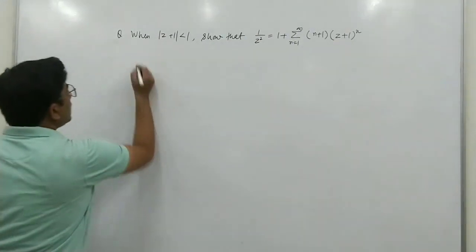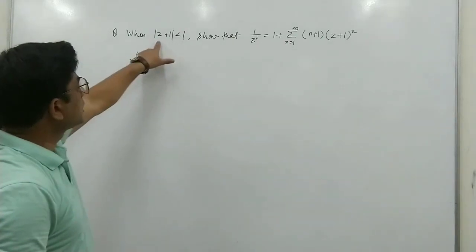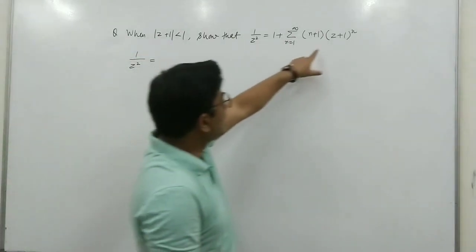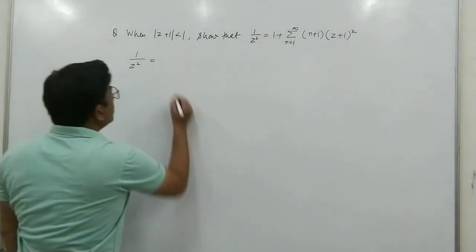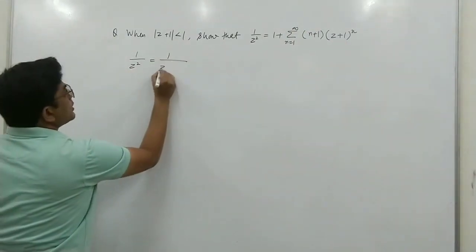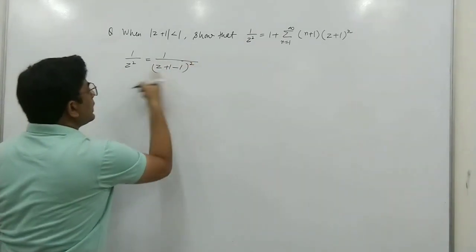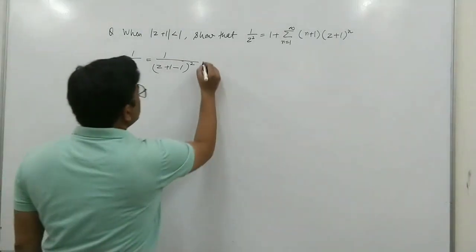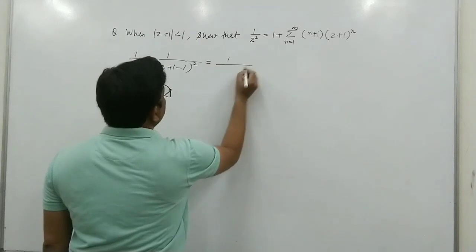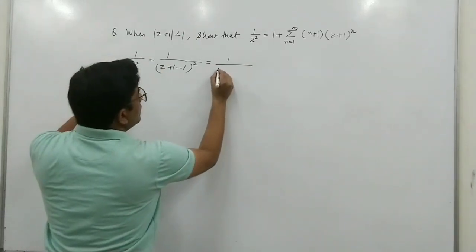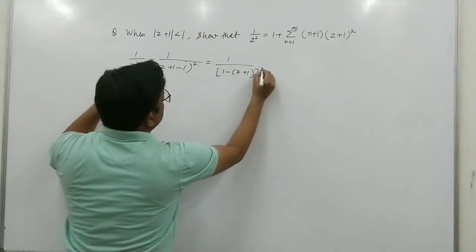Okay, so the given function f(z) is 1 upon z square. Since we have to expand this function, or here you can see that we have to expand in the powers of z plus 1, we will write this z as (z plus 1 minus 1) whole square. Okay, we can write like this. Now we will write in the power of z plus 1. So if we take minus common from here, it will be (1 minus (z plus 1)) whole square.